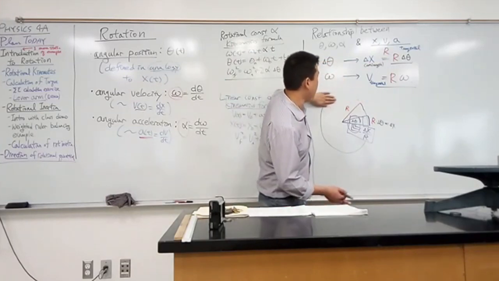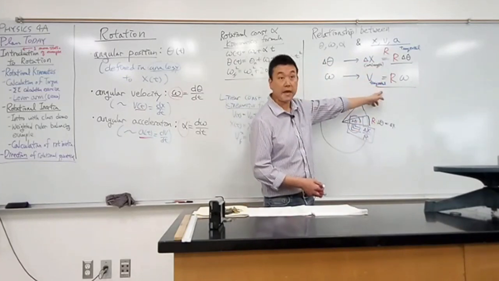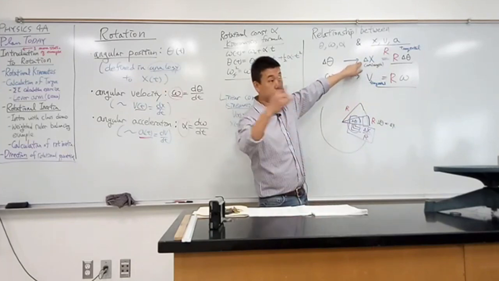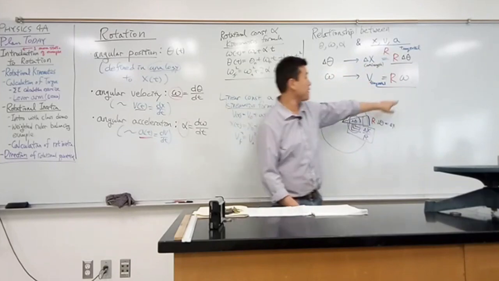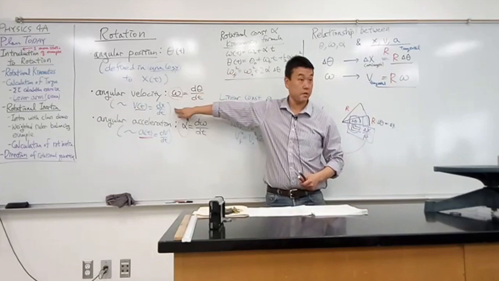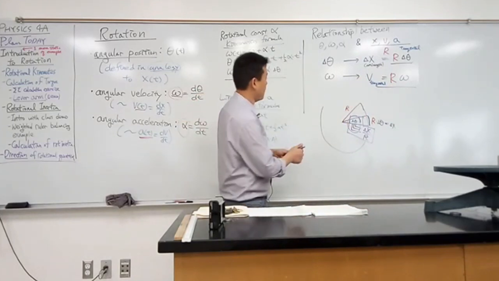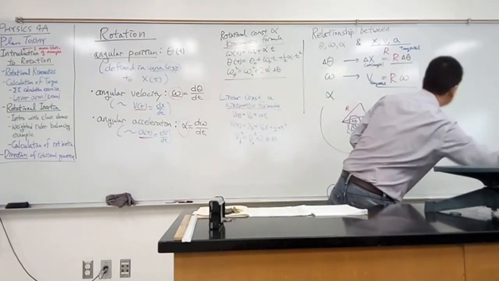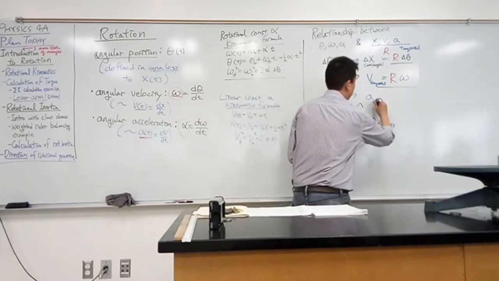You can look at it as the same relationship carrying over for different cases, or you can take this expression and just take derivatives. When you take the first derivative, you get velocity on the left-hand side and angular velocity on the right-hand side. Then if you take another derivative, you get angular acceleration, which can be used to express the tangential acceleration.